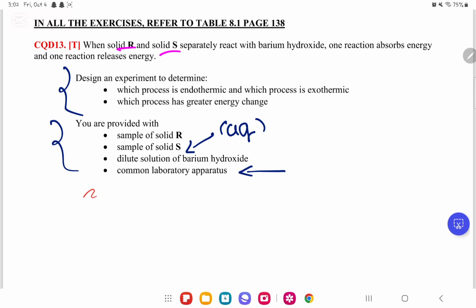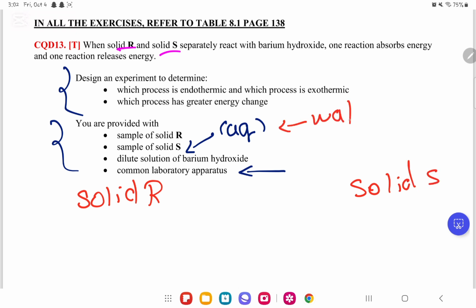The very first thing is that we need to do a separate reaction for solid R and a reaction for solid S. Aqueous means it is in water. First thing we're gonna do is measure volume of solution.